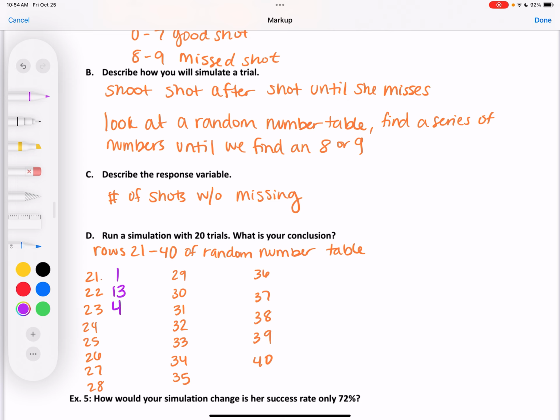Row 24, 1, and then there's a miss. 25, there's a miss right away, so that's a 0. 26, I've got 1, 2, 3, 4, and then a miss. 27, 1, 2, 3, and then a miss. 28, I've got a miss right away. 29, 1, 2, 3, 4, 5, 6, 7, 8, and then a miss. 30, I've got a miss right away.